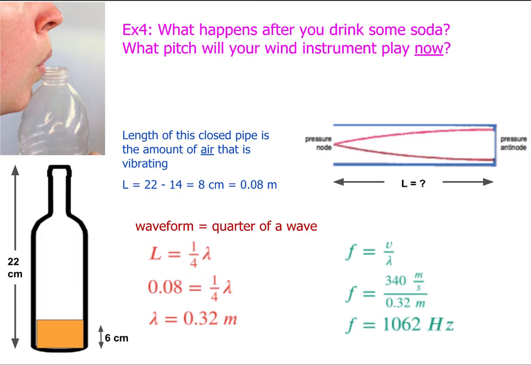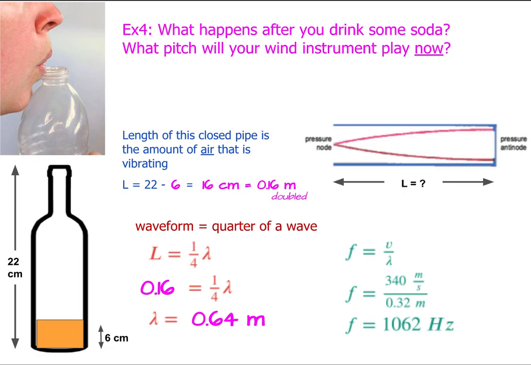So 22 minus 14 gave us 8 in the previous problem. But here we would take 22 minus 6 and get 16 centimeters or 0.16 meters as the length of the column of air. Notice that that's double of what we had before. Keep that in the back of your mind here.